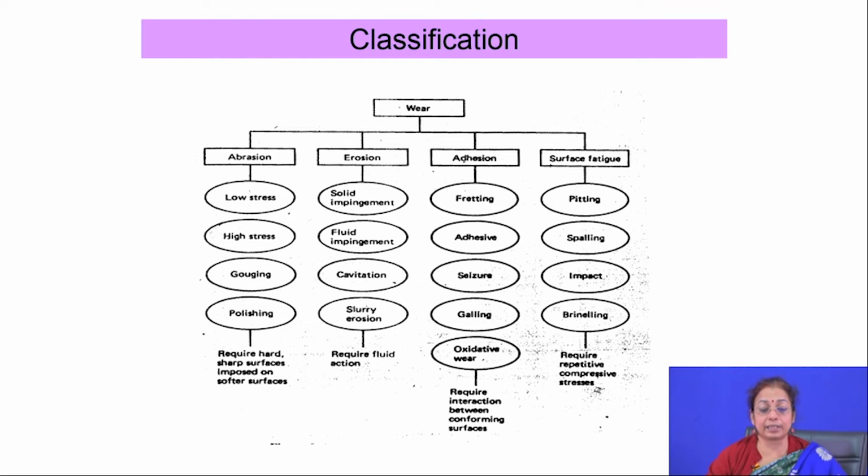When the mechanical interaction occurs between the solid and liquid or gaseous species, you call it erosion. In abrasive, adhesive or surface fatigue wear, the two surfaces are solid in nature, the surface of your interest and the meeting surface. On the other hand, when the meeting surface is liquid or gaseous, you call it erosion.